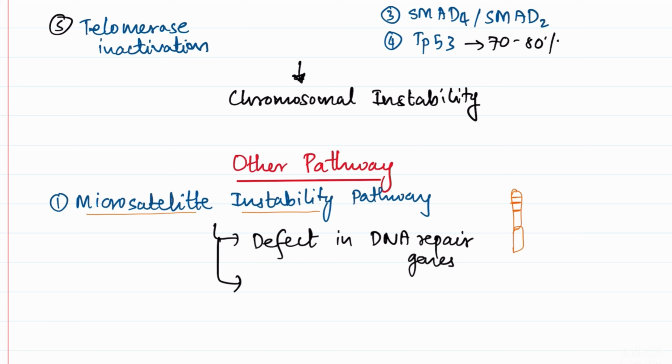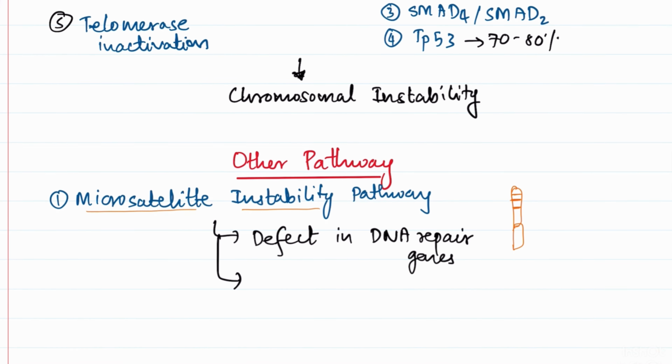If the non-coding sequences are affected, it's not going to make a huge change in the function of the human body. But sometimes the microsatellites could be defective in the coding regions. So if the defect involves the area of the genes which are involved in coding of proteins, which will produce some function in our body, in such cases there is going to be alteration in the normal function of our cells, and that could lead to the development of carcinoma.